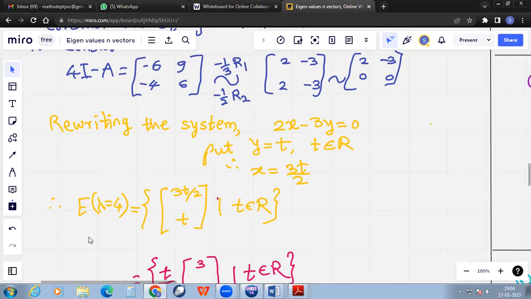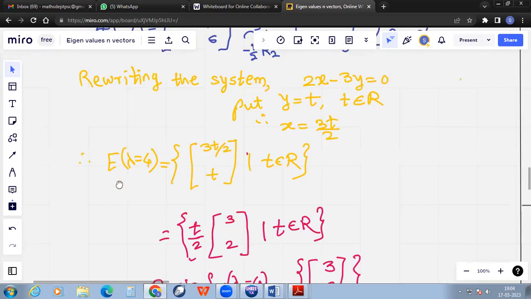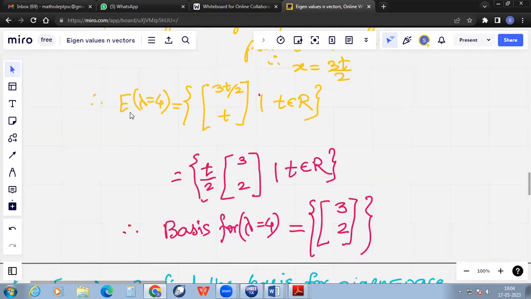We have to write our solution space. Solution space is known as the eigenspace. So we denote it by E of λ equal to 4. E of λ equal to 4 is equal to, we have to write the entries in a column. First entry is 3t by 2, second entry is t, where t is a real number. Now, if I want the fraction to be out of the matrix, I take t by 2 out as common.